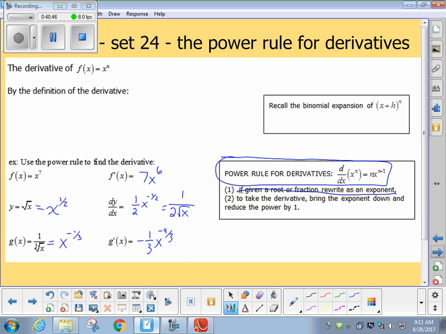So I suppose if you wanted to, you don't have to, believe me, you can leave it that way, but I suppose as a multiple choice it could be written that way. Usually you just leave it as a power. That's the power rule. It's delightful.